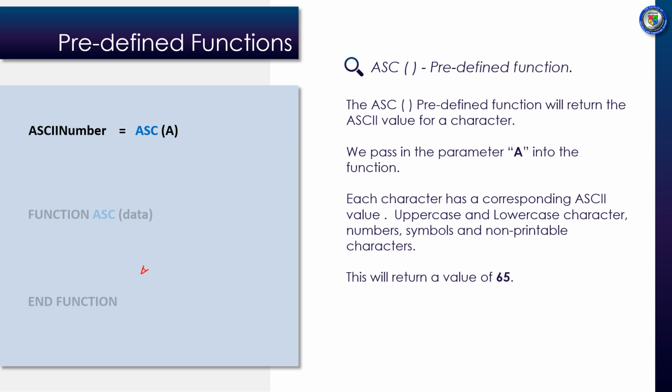Our code is executed and a new value is returned. We return the value 65, which is the corresponding ASCII value for our capital A. This is then assigned to our variable ASCII number.